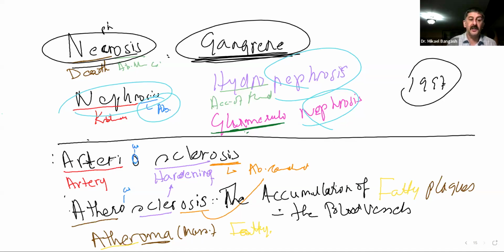So, arteriosclerosis and atherosclerosis. And here you see another OMA, right? When this does go to mass, a mass made of what? A fatty mass.